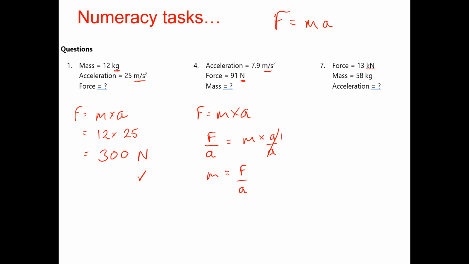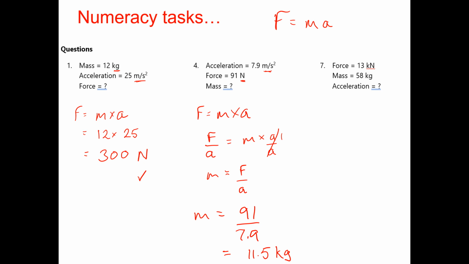Our numbers are right, our units are right, so the mass is 91 divided by 7.9, and that gives us an answer of 11.5. Let's check our units. This is the mass in standard unit, the kilogram, so 11.5 kilograms.